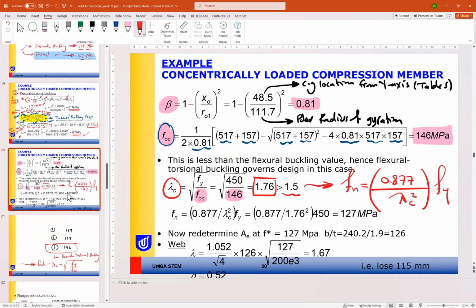So we have lambda c and we have F yield 450. So we got Fn, the critical stress for member capacity, is 127.